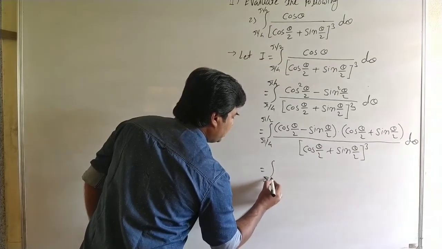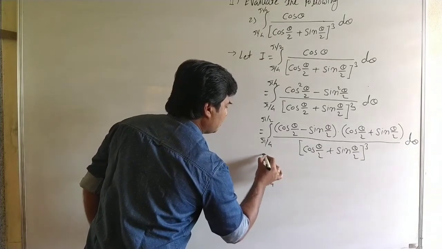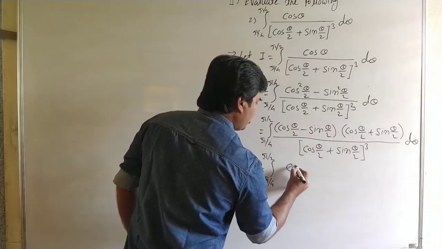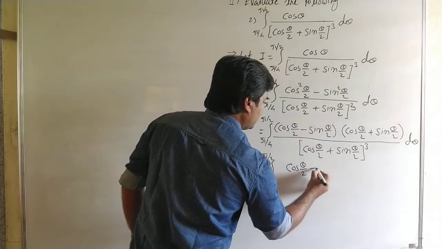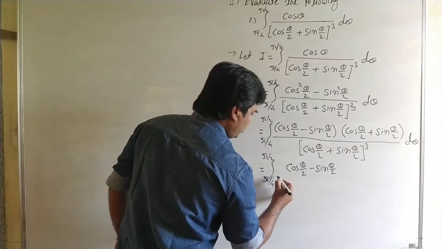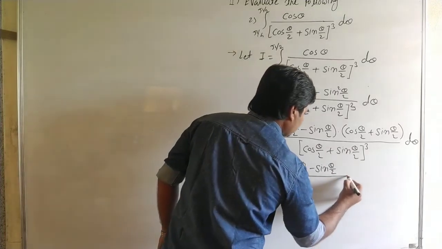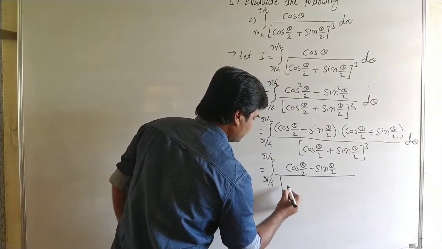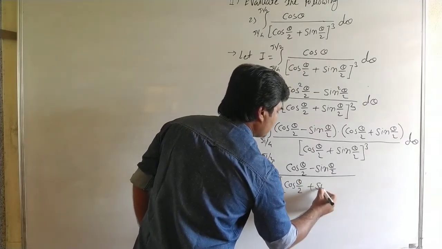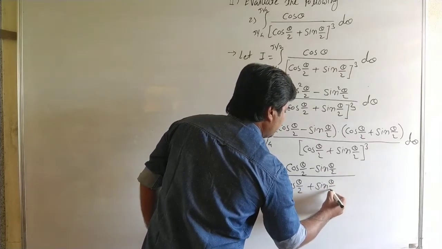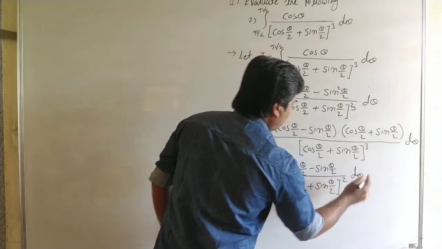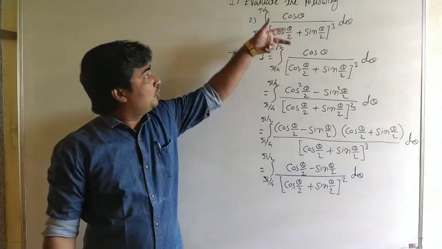It is integral, sorry, it is pi by 4 to pi by 2, here it is cos theta by 2 minus sin theta by 2 whole upon cos theta by 2 plus sin theta by 2 square, and it is d theta. Now here we only simplify this function.